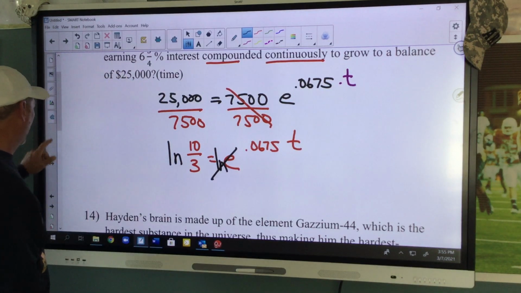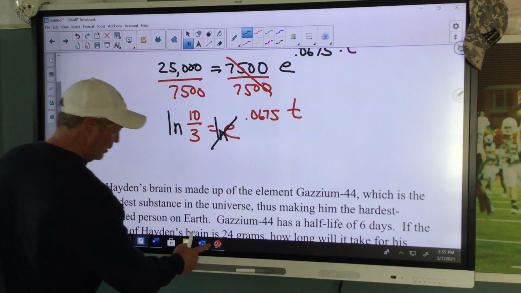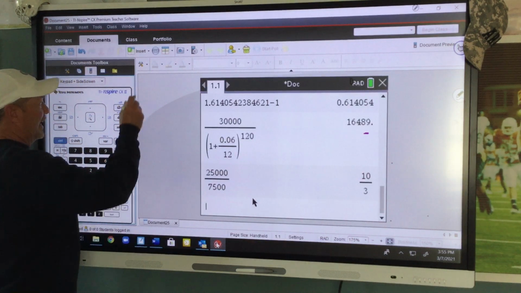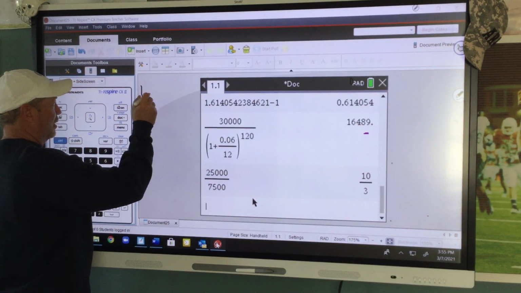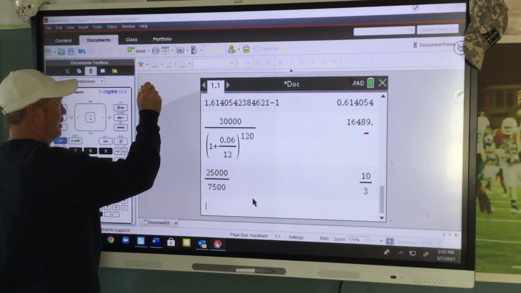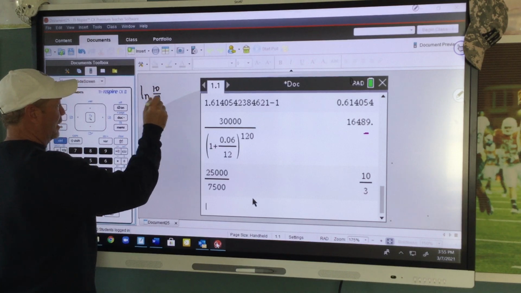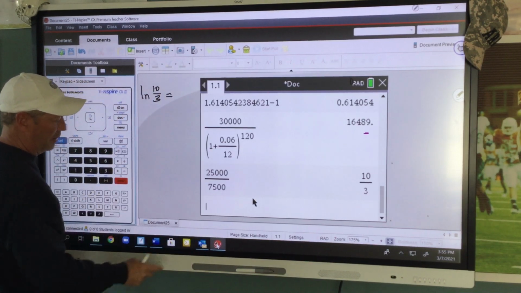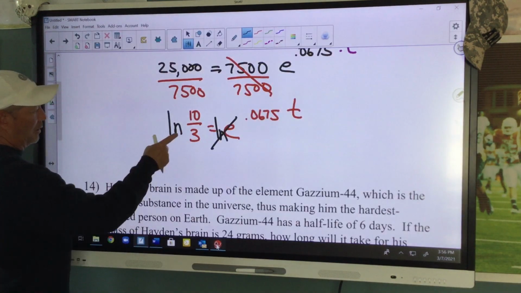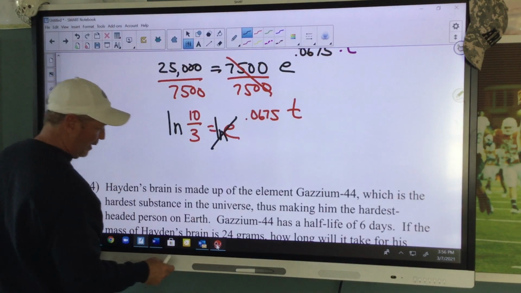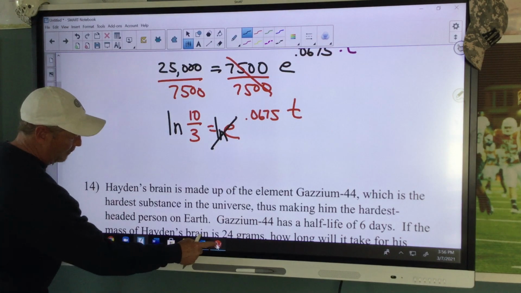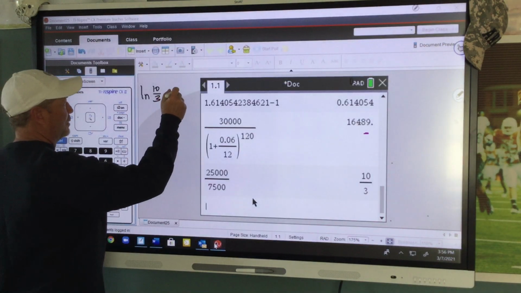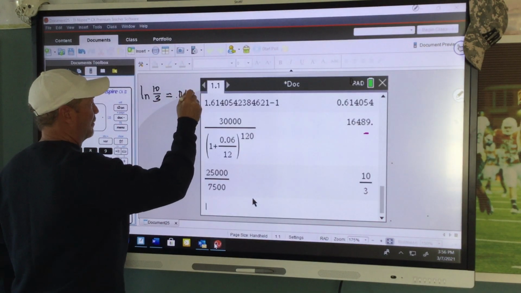So let's go to our calculator. We're going to take the natural log of 10 over 3, then divide by 0.0675.